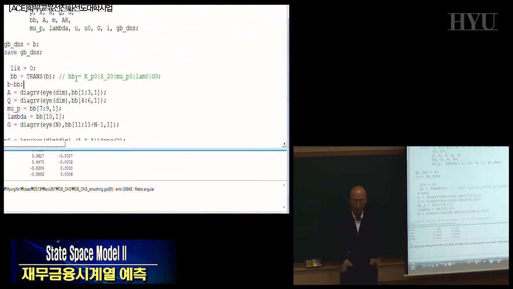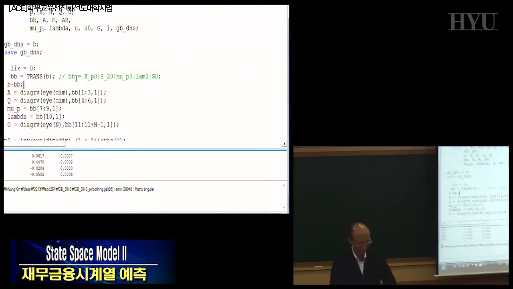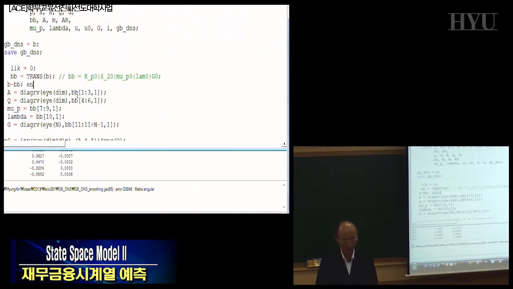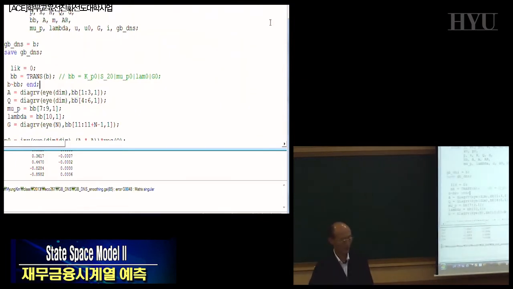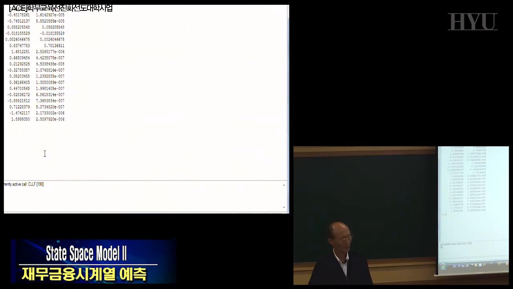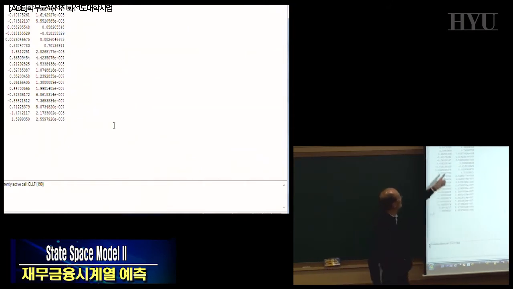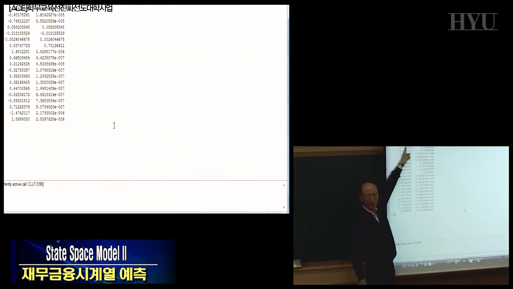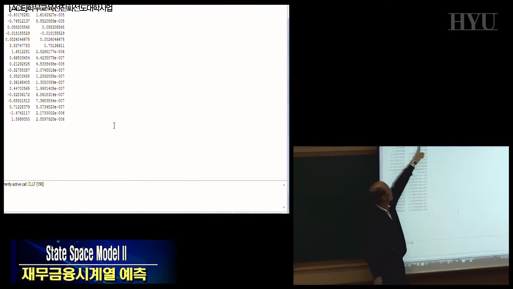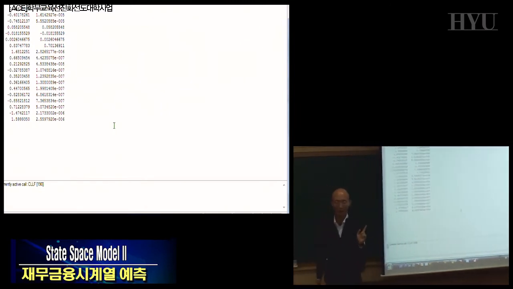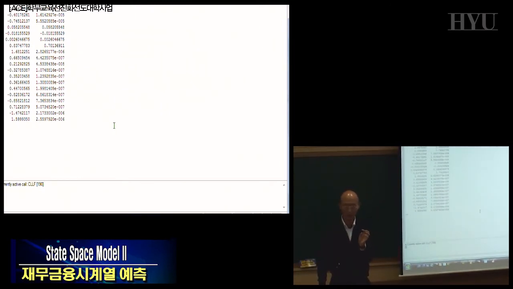When dimensions are the same, then we can concatenate. Let's stop right here and see what happens. See that? This was your initial guess, and this is transformed. And as you can see, these three numbers are bounded from 1 to 0, right?